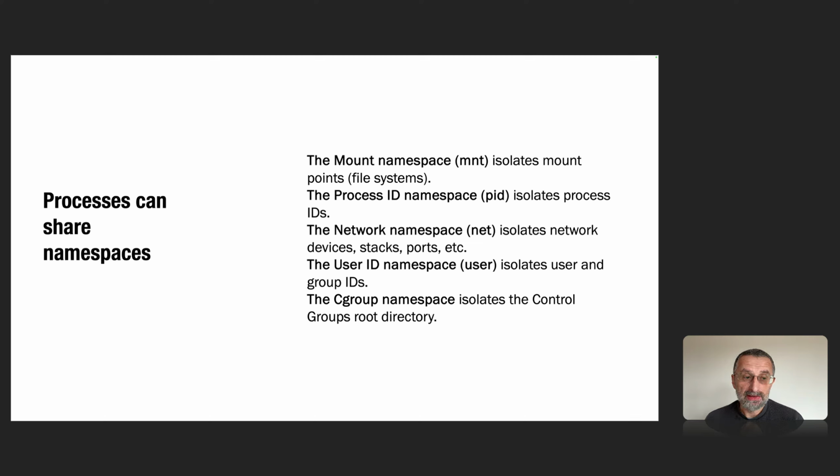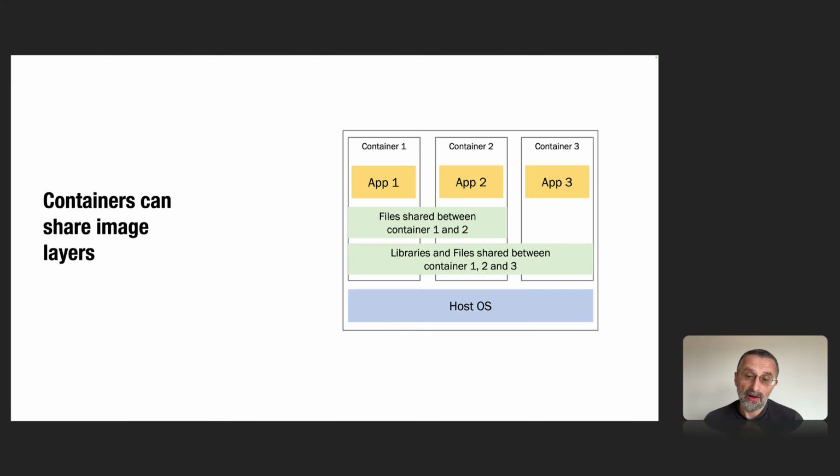Because the processes which run on your computer can share such namespaces, and this is heavily used in Docker images. Using these mechanisms, containers can share image layers. So you have a host operating system which runs different containers with different apps. This is app 1, this is app 2, this is app 3.